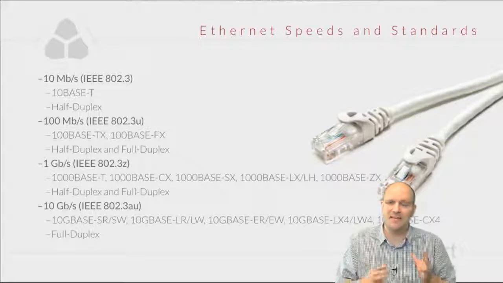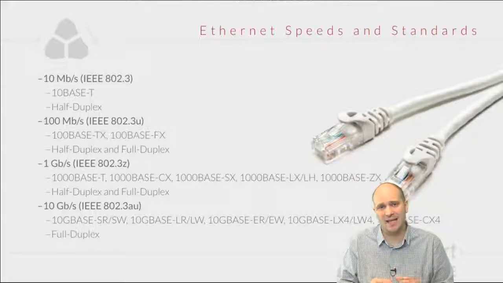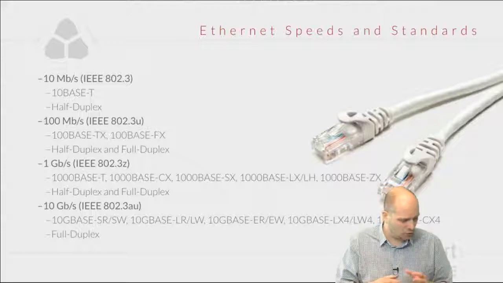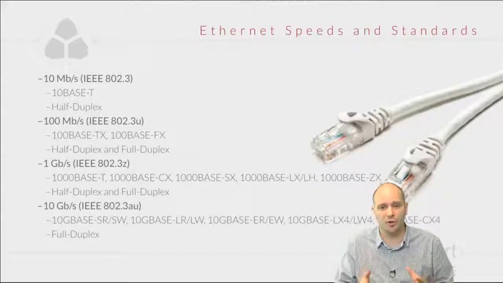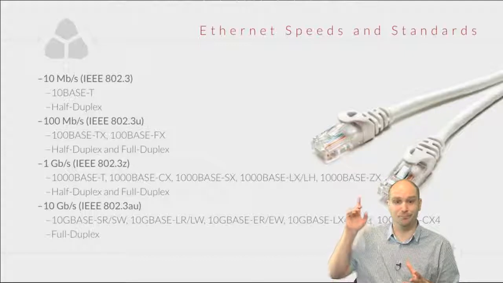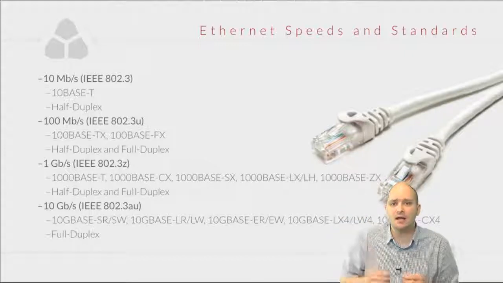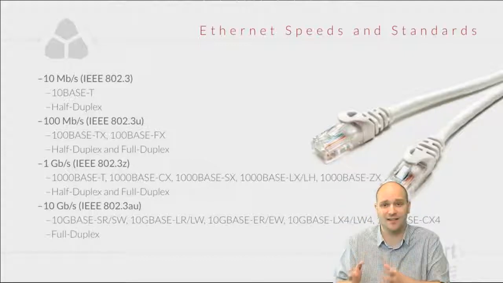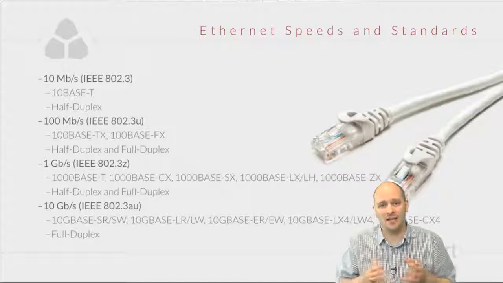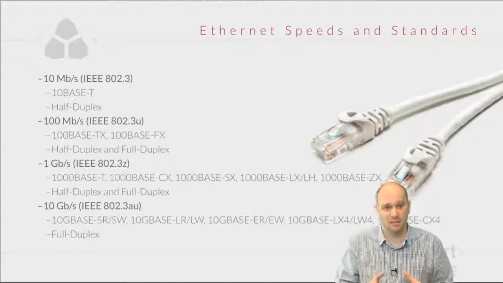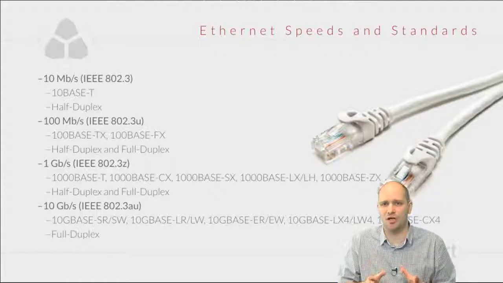The difference between the TX and the FX version is that the TX is what we commonly refer to as the Ethernet cable, or the thing on the picture behind me. This is just a category 5 or category 6 cable that has 8 wires, and it uses the RJ type connector. FX, on the other hand, is based on fiber optics.